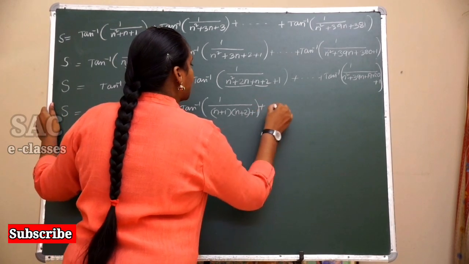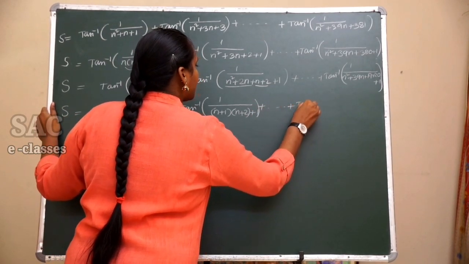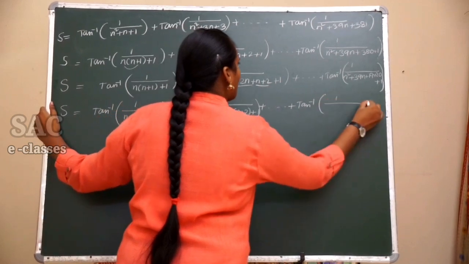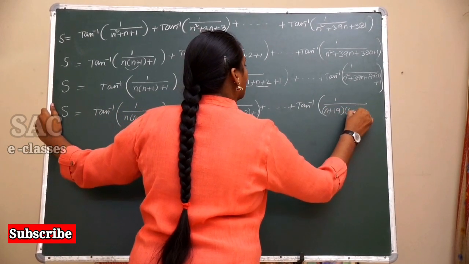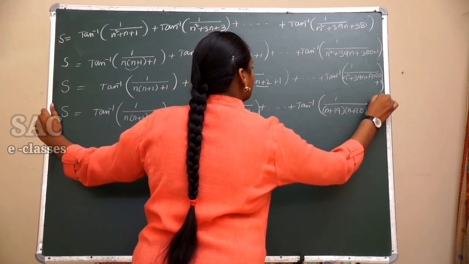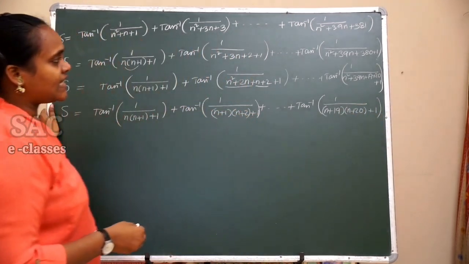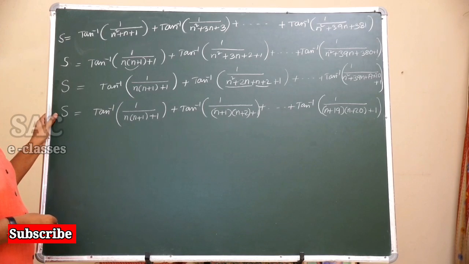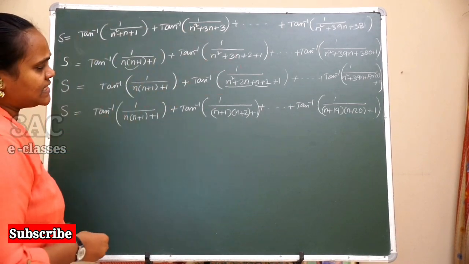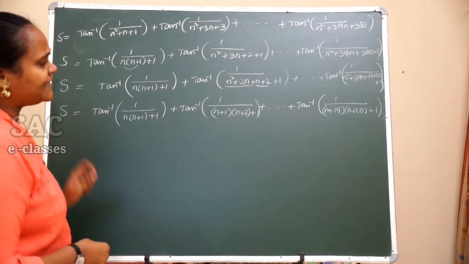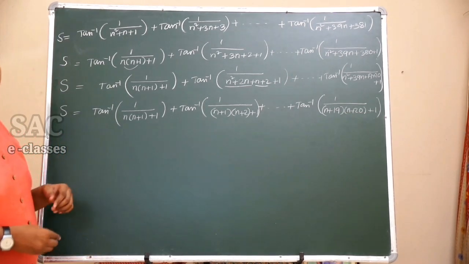Clearly you can understand that the last one is tan inverse 1 by n plus 19 into n plus 20 plus 1. The reason is 39 can be expressed as 19 plus 20, and after factorizing it I can express it as n plus 19 into n plus 20 plus 1.